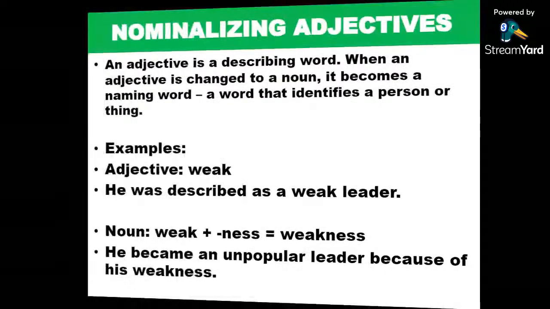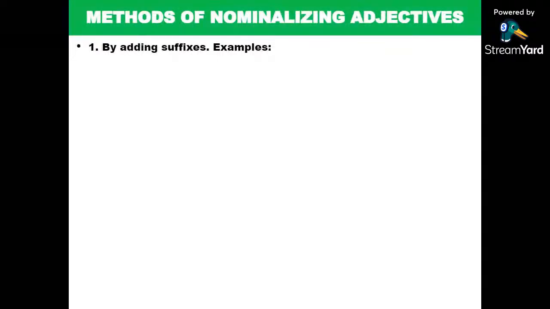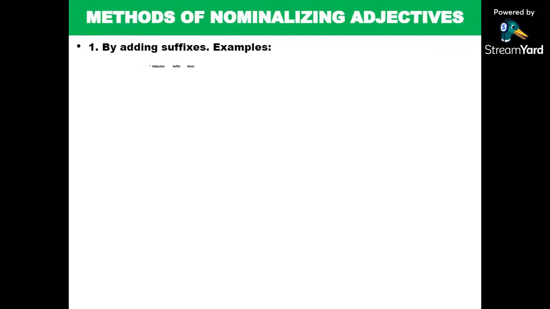Now let's look at methods of nominalizing adjectives. Number one, by adding suffixes, just as we saw in nominalizing verbs. Let's look at the following table. We have the adjective and then we add a suffix to form a noun.